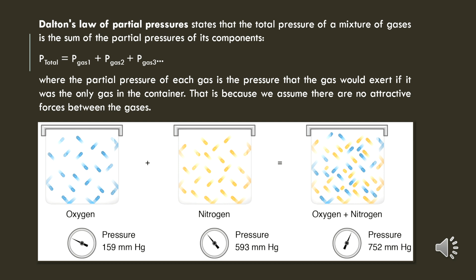For example, oxygen and nitrogen: the oxygen's pressure measurement is equal to 159 and the nitrogen's pressure measurement is equal to 593. The two gases were added together, and the total pressure that they have is 752.